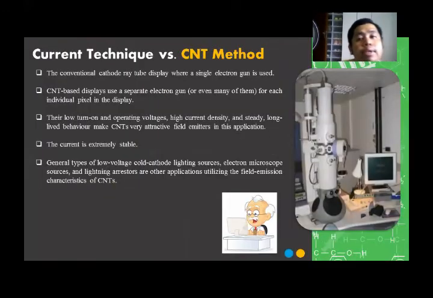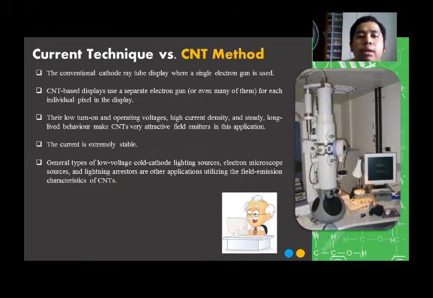So current technique versus the CNT method is the conventional cathode ray tube display uses a single electron gun, and the CNT-based display uses separate electron guns, even many of them, used for each individual pixel in the display.